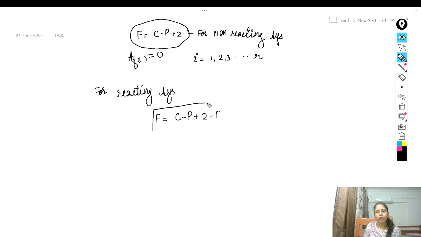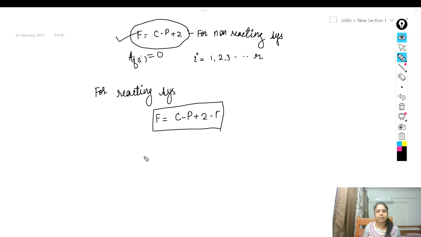So in today's video, we discussed three important rules. The first one, the phase rule for the non-reacting system, which is F is equal to C minus P plus 2. Second, we imposed a special constraint S in case of azeotropes. If azeotropes are formed, then we know that the mole fractions in both phases are the same.